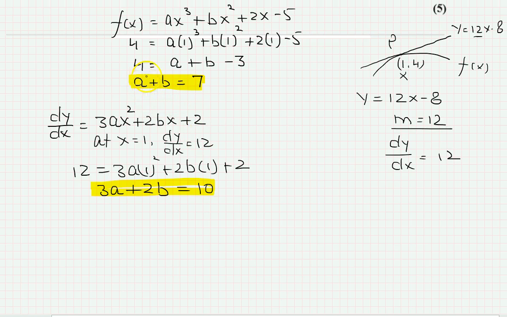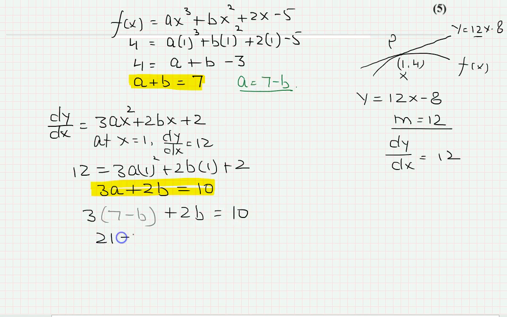Let's put a is equal to 7 minus b. So 3 times 7 minus b plus 2b is equal to 10.